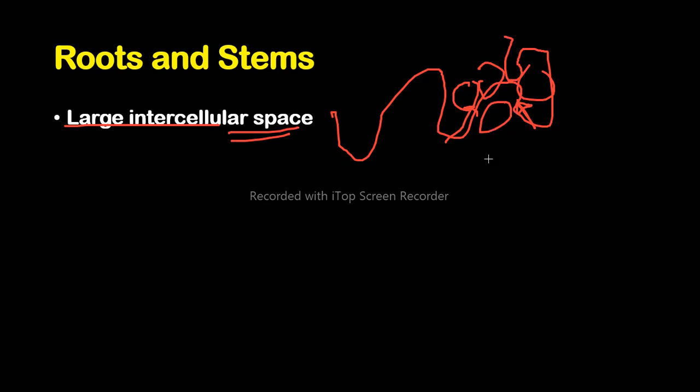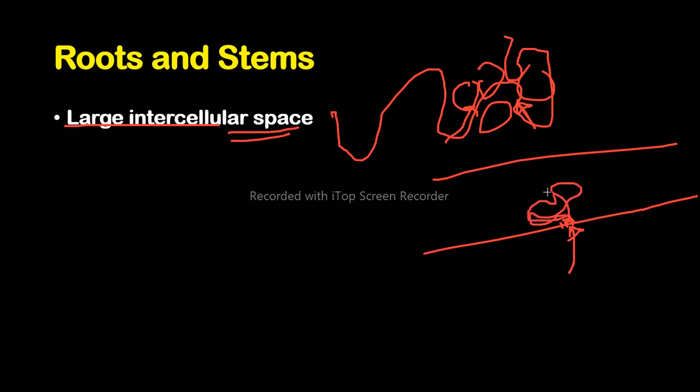If this is your stem or your root, and you have your lenticel here, and gases enter at this point, then these gases will be able to distribute throughout the entire stem with ease, increasing the ease of obtaining the respiratory gases for these plants.